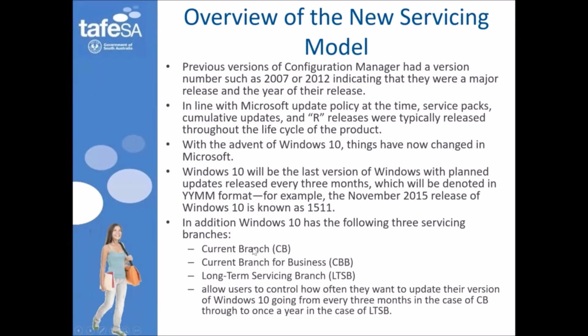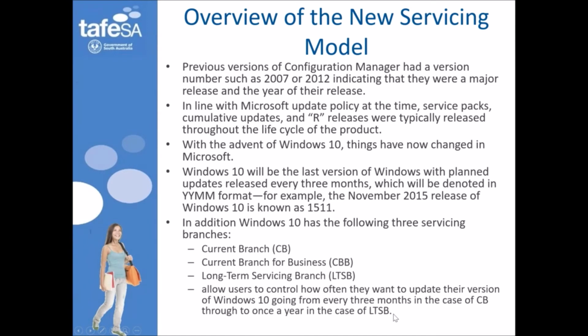In addition, Windows 10 has the following 3 servicing branches. There's the current branch, the current branch for business, and the long-term servicing branch. This allows users to control how often they want the updates to their version of Windows 10, going from 3 months in the case of current branch to once a year in the long-term servicing branch.